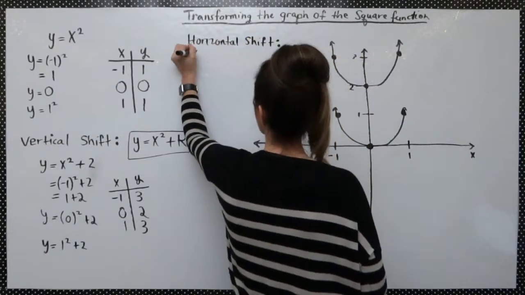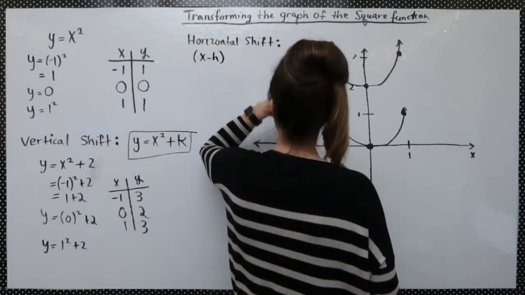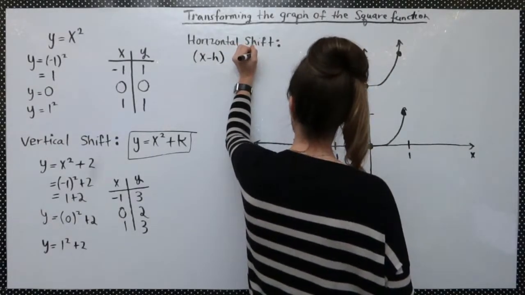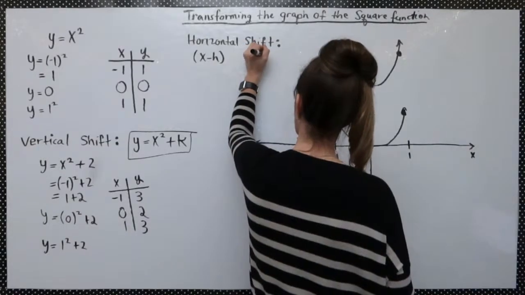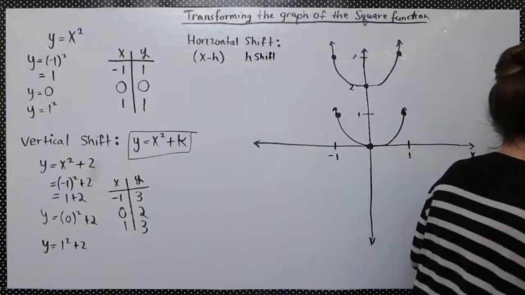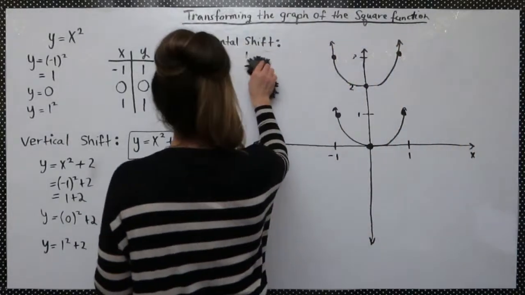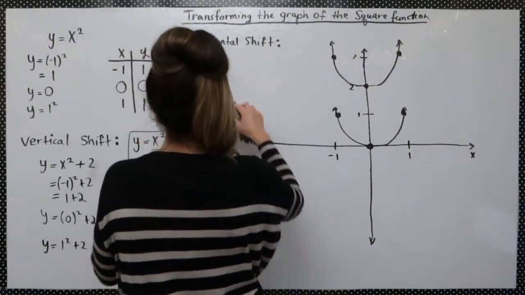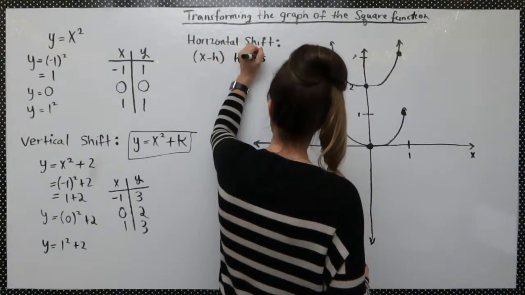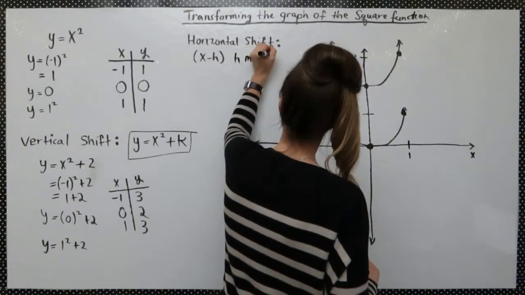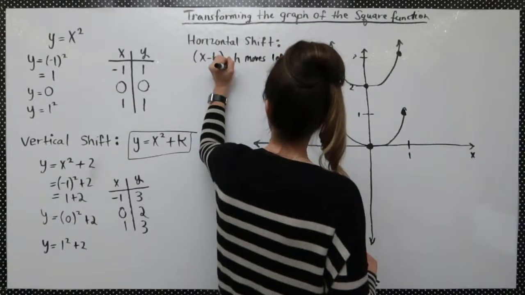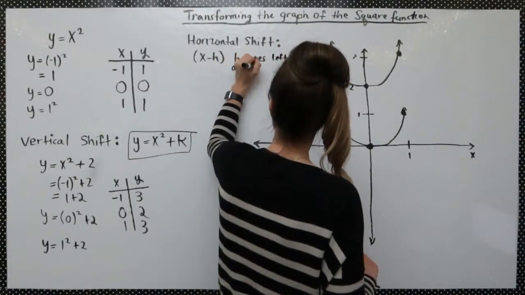The horizontal shift is x minus h, where h moves the graph left and right.